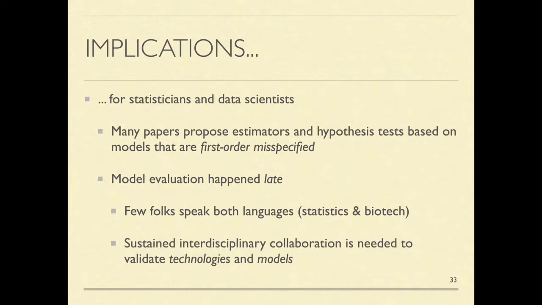If we're looking at this technology and thinking that it's producing estimates of relative abundances, really that should have been something that we evaluated really early. And so what I hope the take-home message for everyone will be is that interdisciplinary collaboration is challenging. It takes a lot of willingness to learn a new field, learn a new language, but it really is the only way that I think we'll move forward.